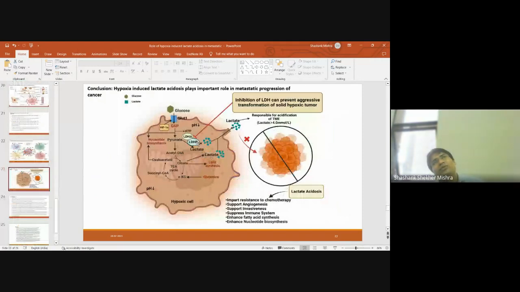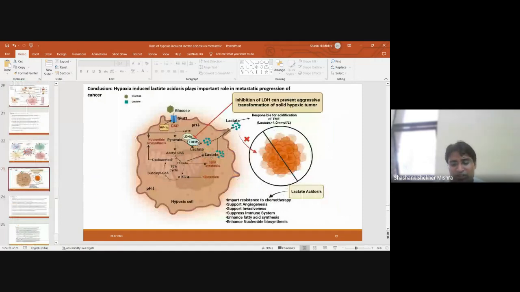So one mechanism to stop their metastatic transformation is to prevent the lactate circulation. So physicians must focus on the circulation of lactate, on the synthesis and formation of lactate, and should check the acidity in the tumor microenvironment. By just stopping the production of lactate in the tumor microenvironment, they would be successful in preventing the metastatic transformation of solid tumors.